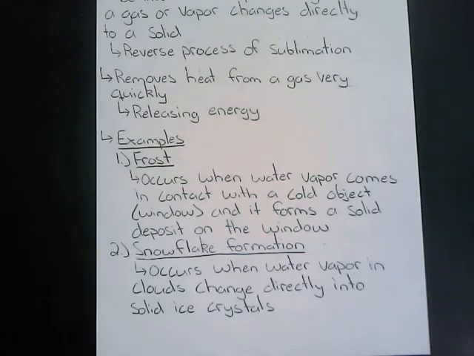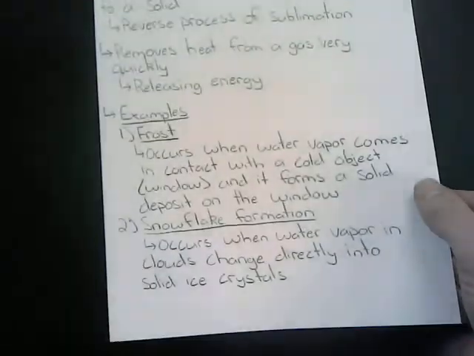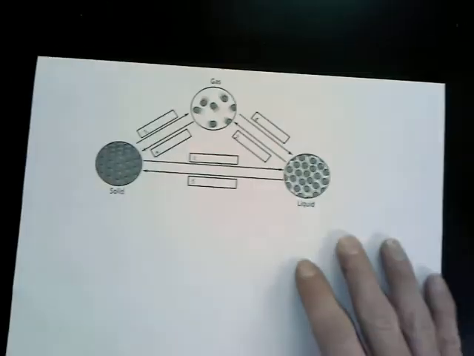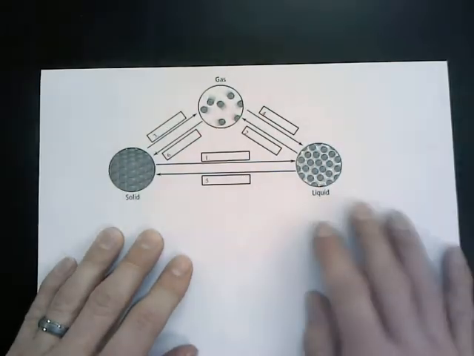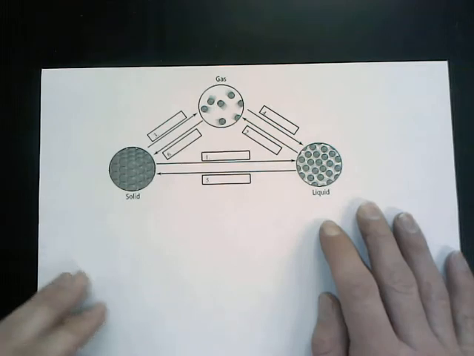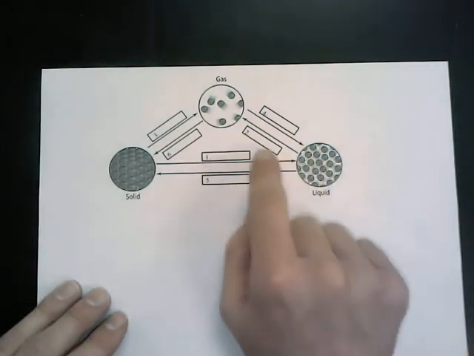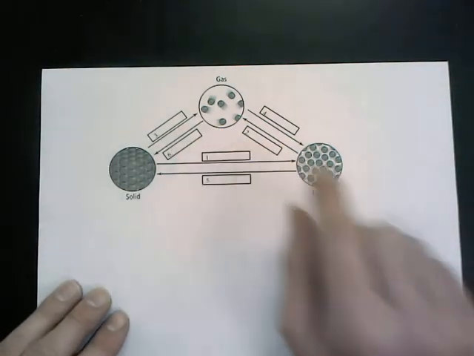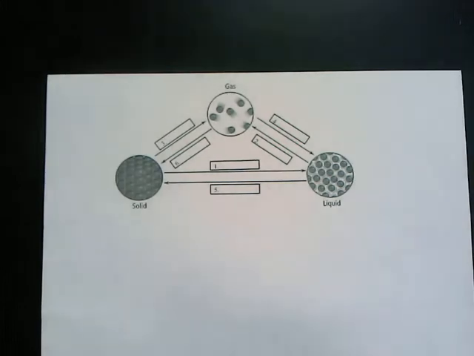Okay, so to piece together all 6 of our phase changes, what I have here is a diagram that we are going to fill out together. We have this diagram with our 3 states of matter, and in between each of these states of matter are these boxes. We're going to go in numerical order and talk about each of these phase changes.